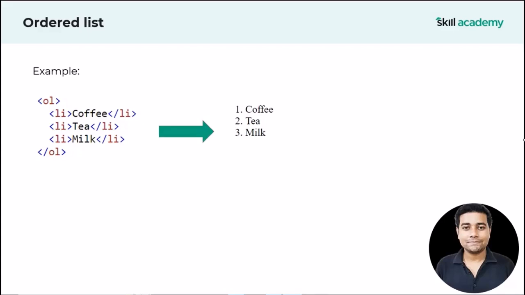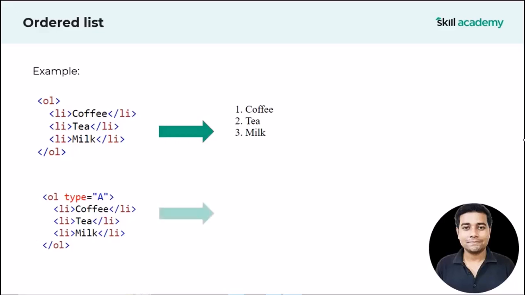So coffee will be 1, tea will be 2 and milk will be 3. But it is not mandatory. I have already told you that we can change the type of our OL tag. If you want to start your OL tag with alphabets, then you use this attribute named type, and if you write capital A, then your set of items will be displayed like this.